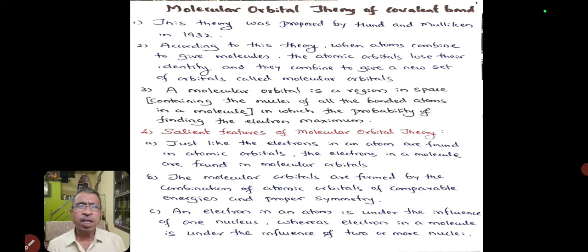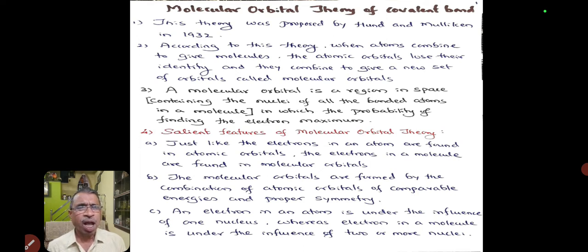The first one: just like the electrons in an atom are found in atomic orbitals, the electrons in a molecule are found in molecular orbitals. The second: molecular orbitals are formed by the combination of atomic orbitals of comparable energies and proper symmetry.